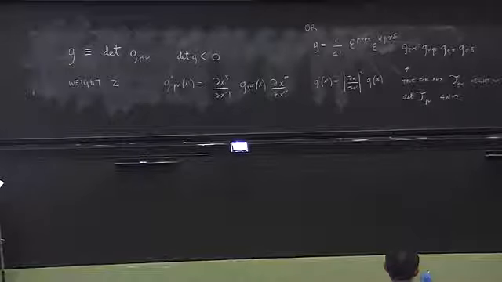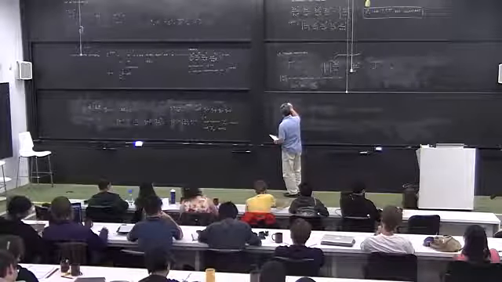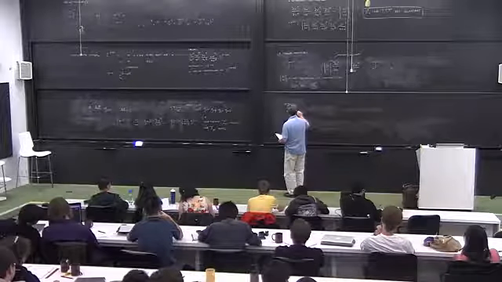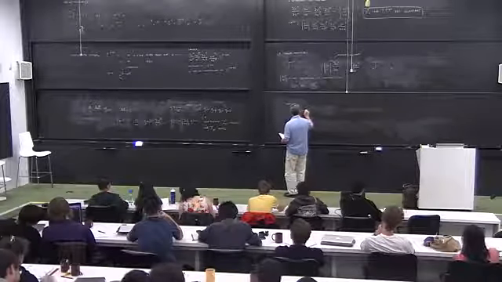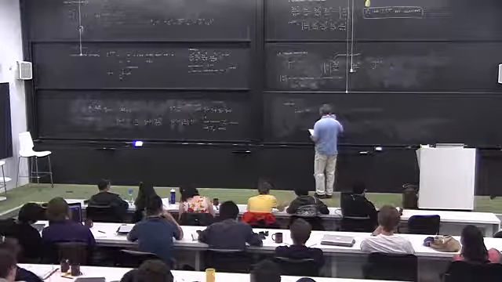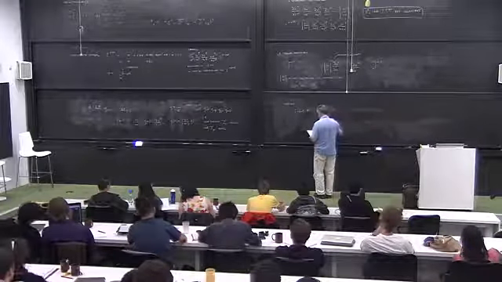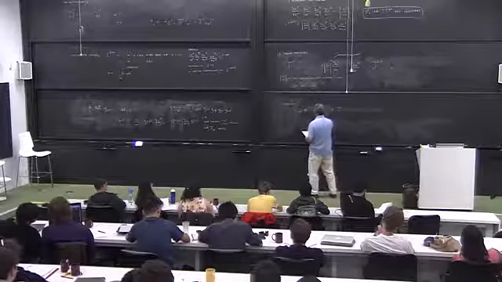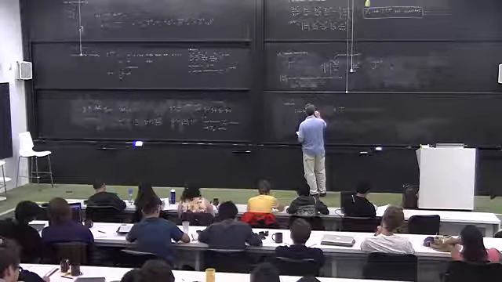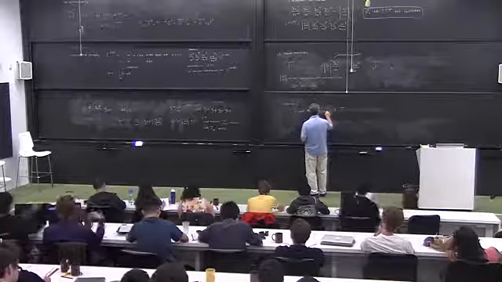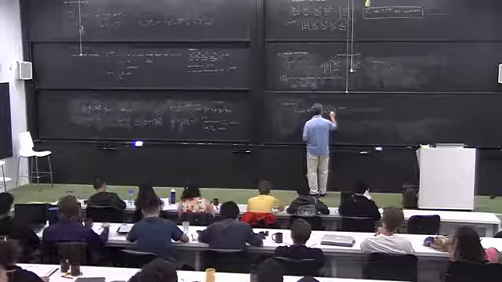So we will define epsilon alpha beta gamma delta with lower indices to be epsilon mu nu rho sigma with upper indices by lowering the index with G mu alpha, G nu beta, G rho gamma, G sigma delta.